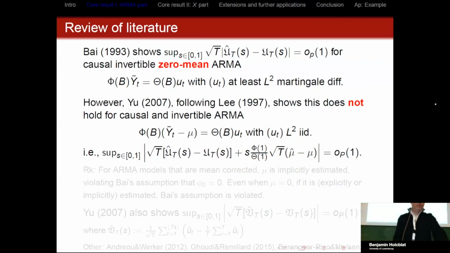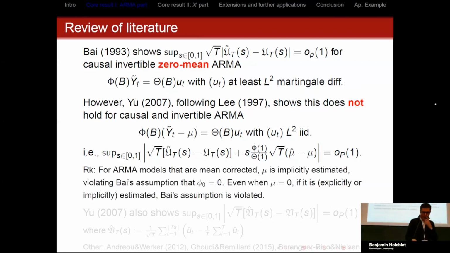So basically, the Bai result in practice was almost useless, because he implicitly assumed, probably he did not know at that time, that it's zero mean and that you know that it's zero mean. So as soon as you don't assume that you know that it's zero mean, you have this gap that appears.